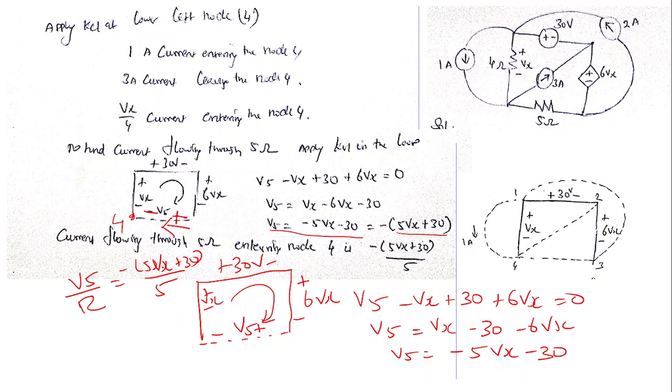So minus of 5Vx plus 30 by 5 is the current flowing through the 5 ohm resistance. So now you know all the currents. 1 ampere is entering, 3 ampere leaving, Vx by 4 entering, and minus of 5Vx plus 30 by 5 is entering. So now we need to apply KCL.